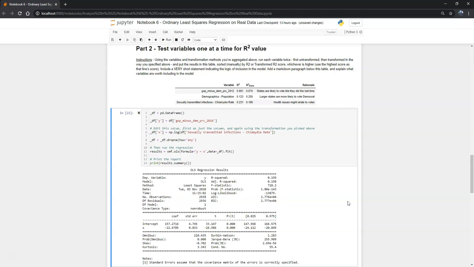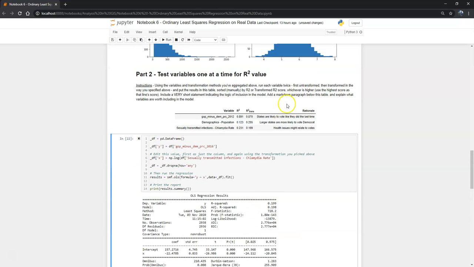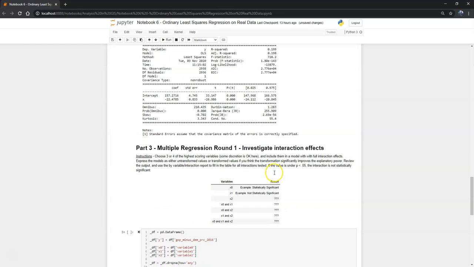All right. So in part 2, you've gone through and explored how different variables individually explain the results. In part 3, you're going to explore some interaction effects. So what I'd like you to do is to pick 3 of these things up here. You're going to have a list of 10, remember. I've only got a list of 3, so that's what I'll use for my model here.